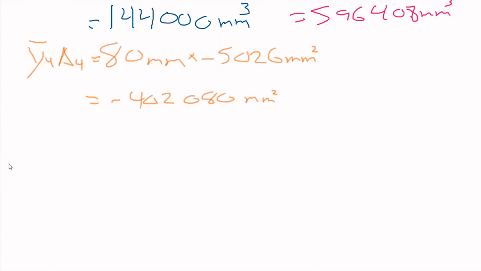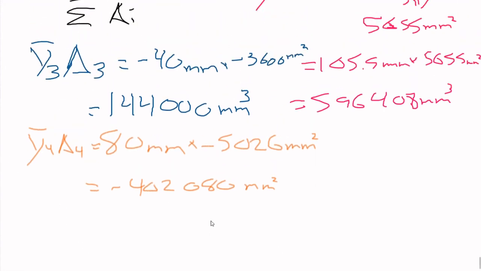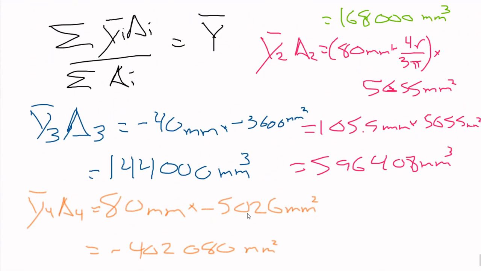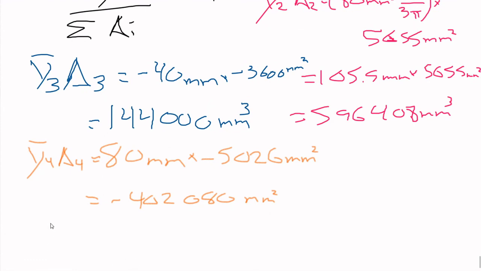Not like the 80 really matters too much. We're going to round in a manner that eliminates that once we get to the end. But so we got that, and we just need to find out the sum of those.